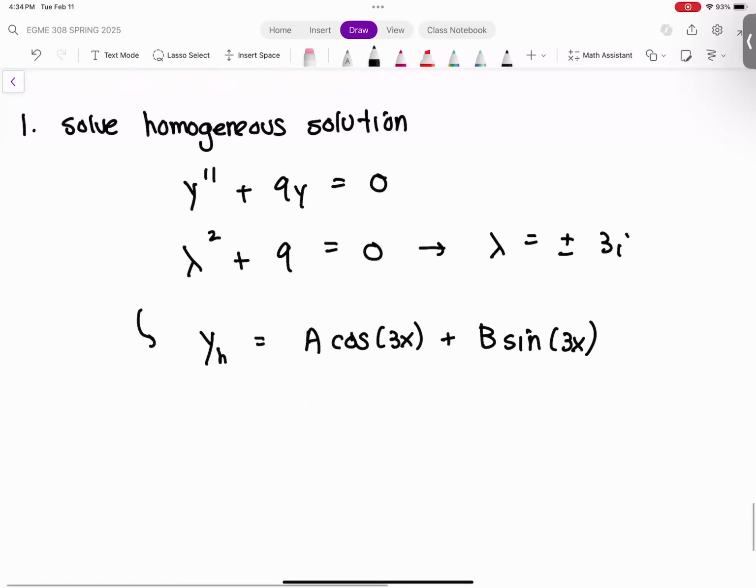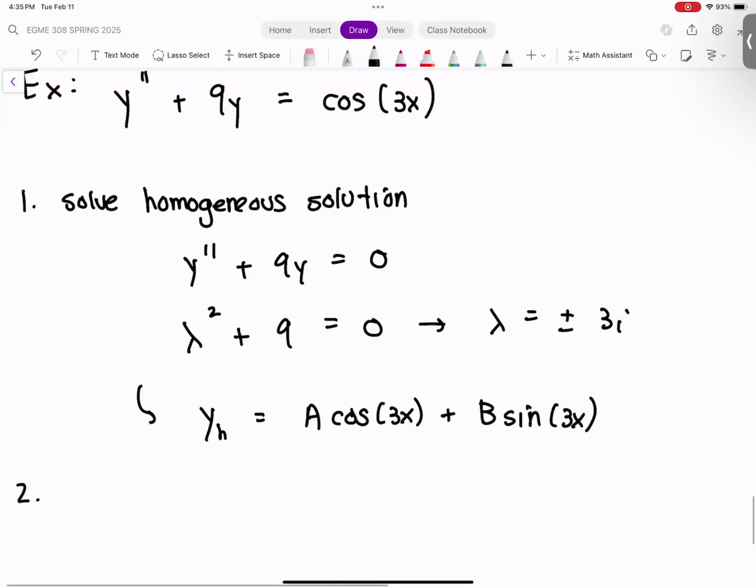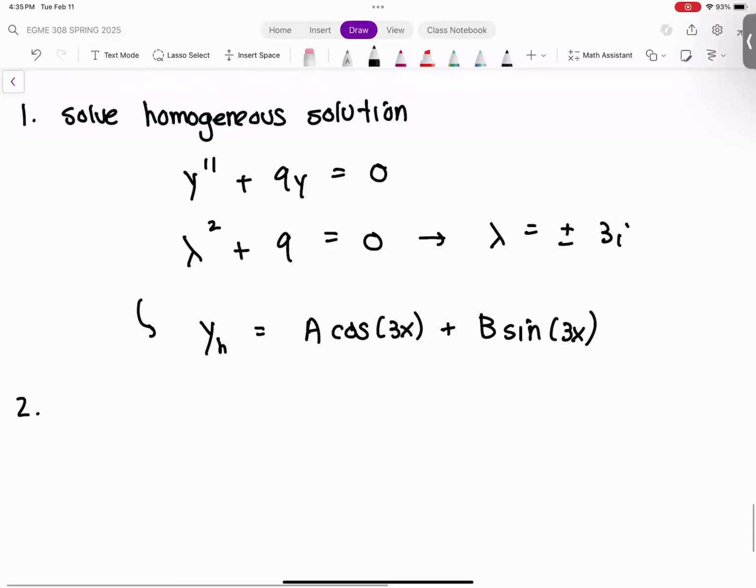Step two. Now let's consider the non-homogeneous term. The non-homogeneous term right now is cosine of 3x from the problem, right? So let's make a guess for the form of y_p, and we'll do it based on our form for r of x.